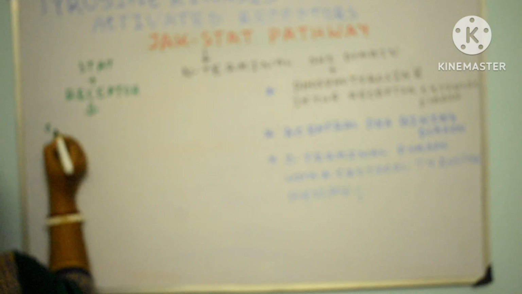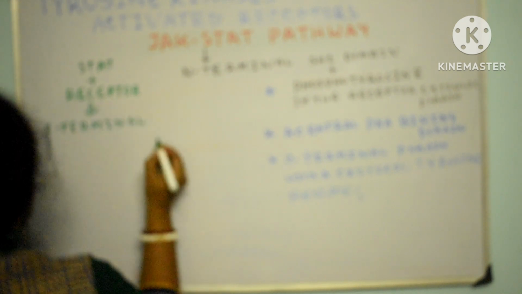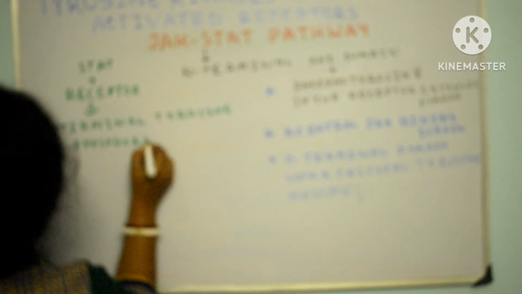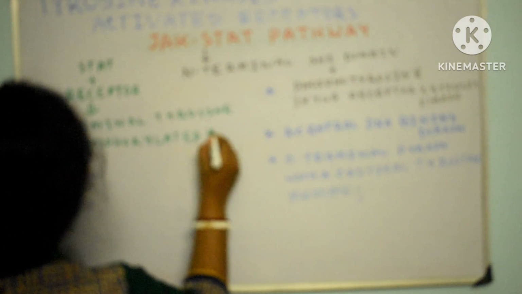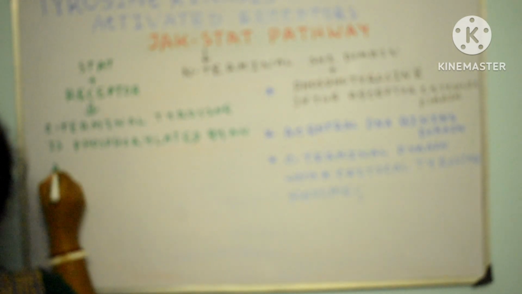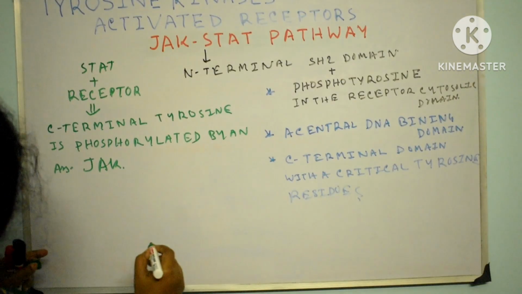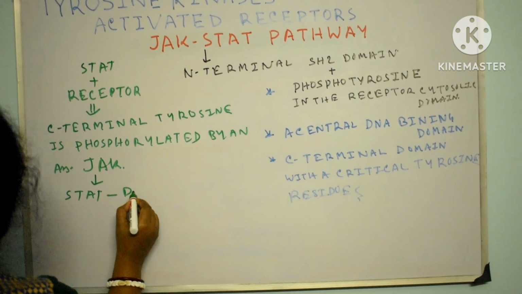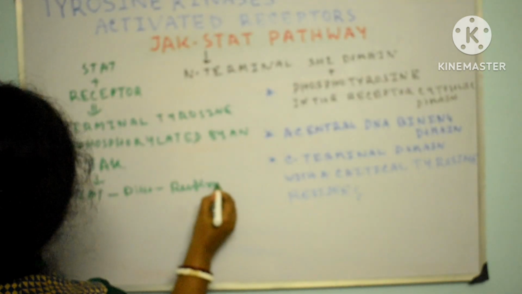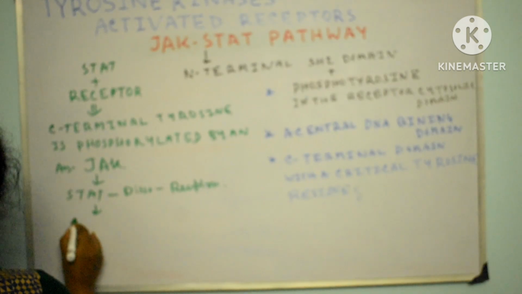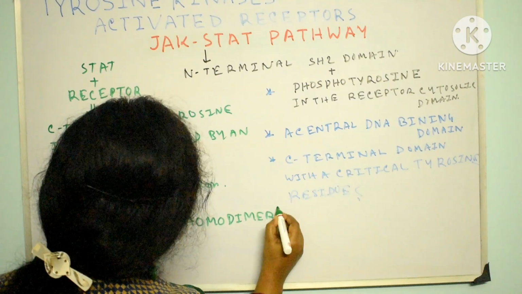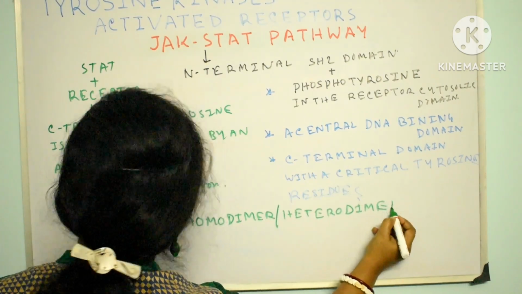The C-terminal tyrosine is phosphorylated by an associated Jak. Then STAT dissociates from the receptor, no more bound to the receptor, and forms either a homodimer or heterodimer.